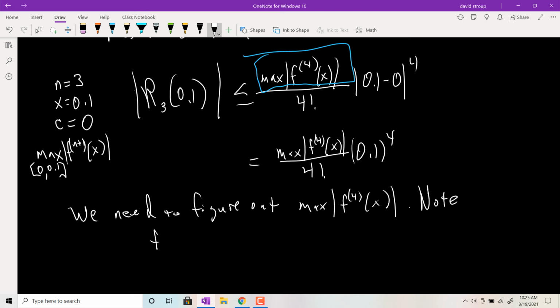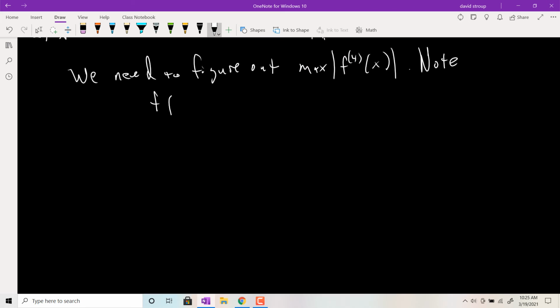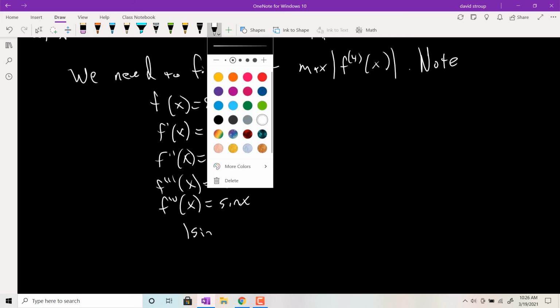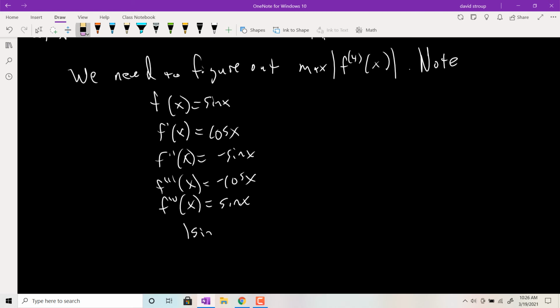The fourth derivative isn't that bad. f of x is the sine function. f prime of x is cosine. f double prime of x is negative sine. f triple prime of x is negative cosine. And then finally f4 of x, we get back to sine of x. So the absolute value of sine of x, that is the n plus 1 derivative. The absolute value of that thing is what we're trying to maximize.